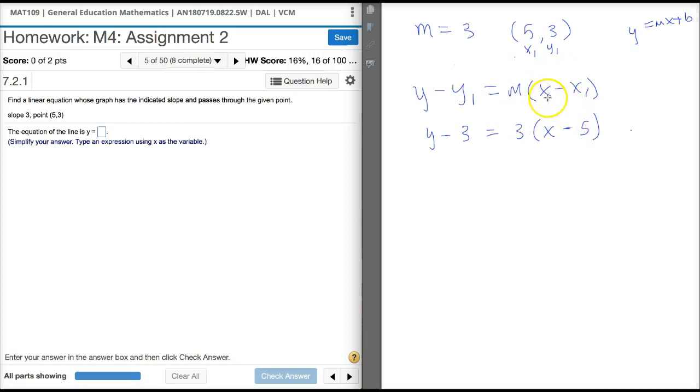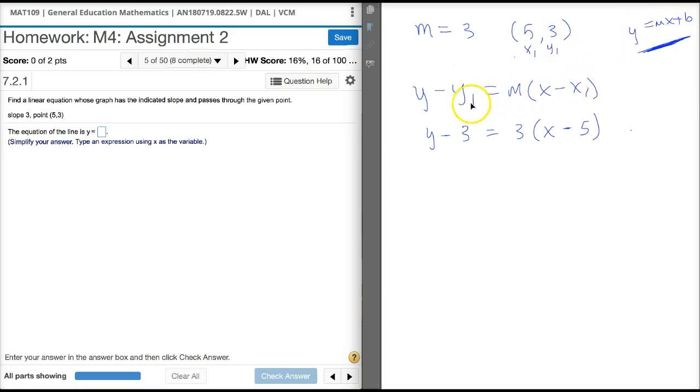Now, notice I did not put anything in here for x. I didn't put anything here for y. And the reason for that is, if my result has to be in this form, I have to have an x here and a y here. And these are going to be variables saying that, hey, our line, depending upon what value of x you plug in, you give me a value for y.